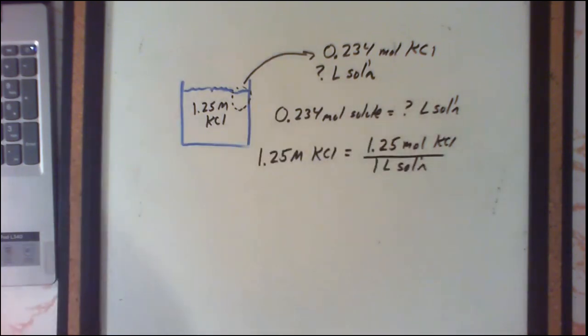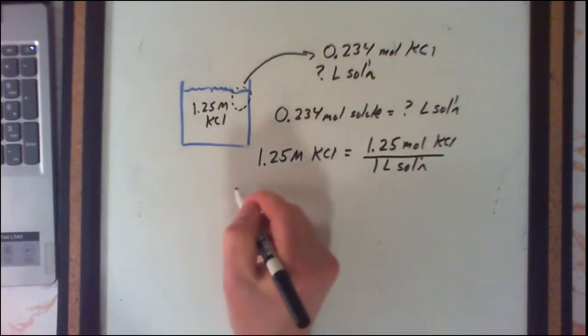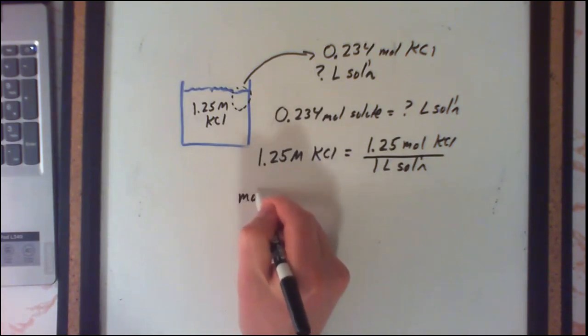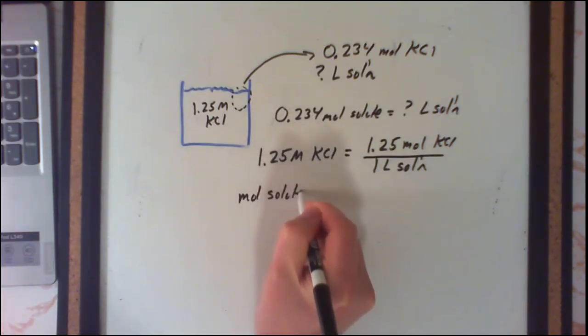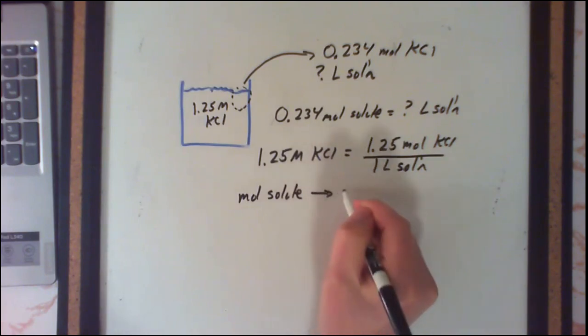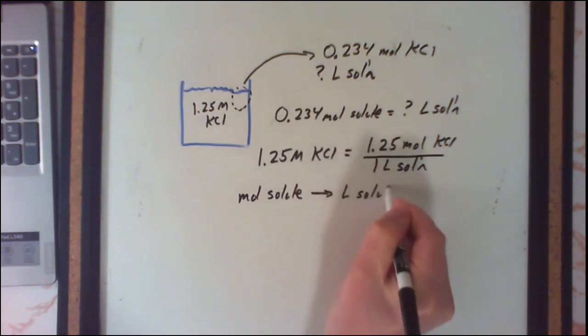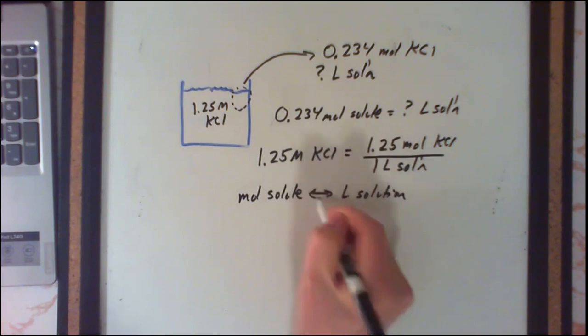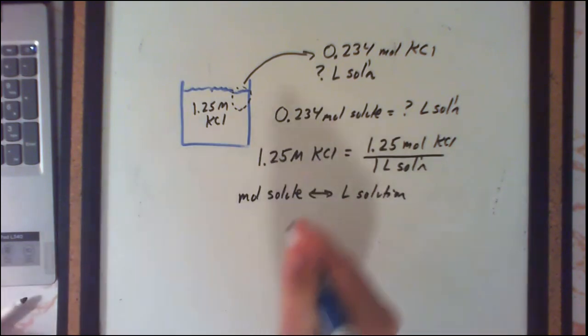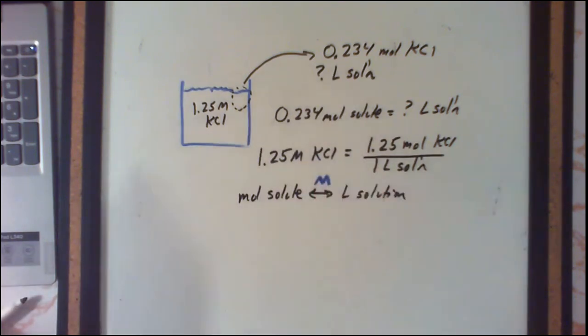And that's going to be a general plan we'll see in today's lesson, that anytime we need to go from moles of solute to liters of solution, or vice versa, then our conversion factor will always be the provided molarity.